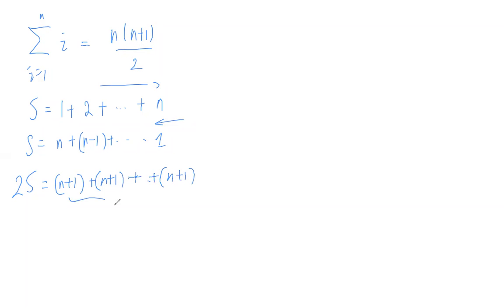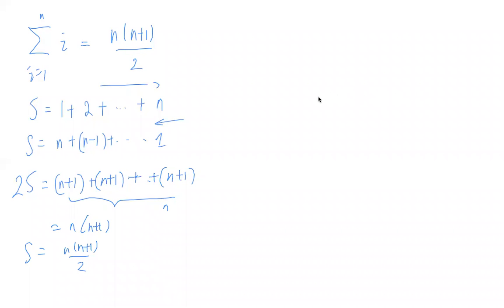There are n of them, so basically each pair is just n plus 1. So your S is n(n+1)/2. If you are an algebraic person who likes to push things around, then maybe this is for you. This is a justification.